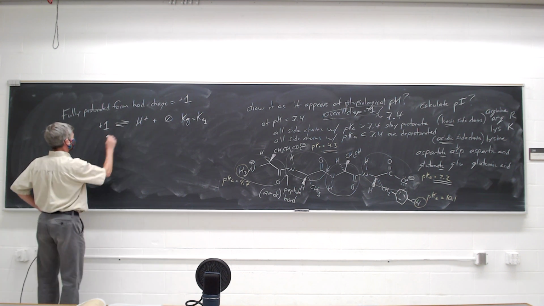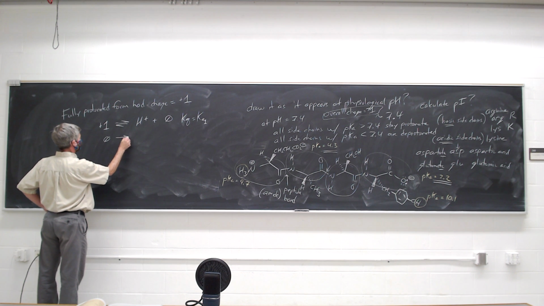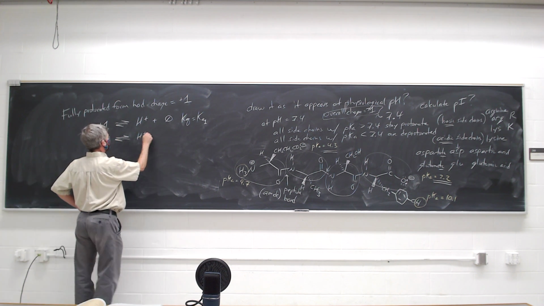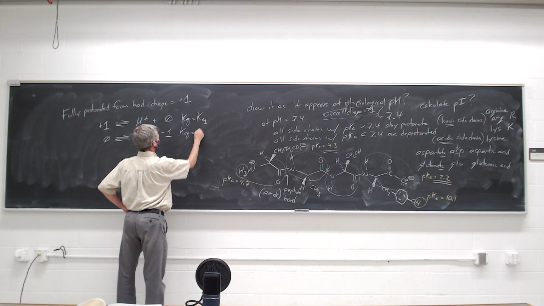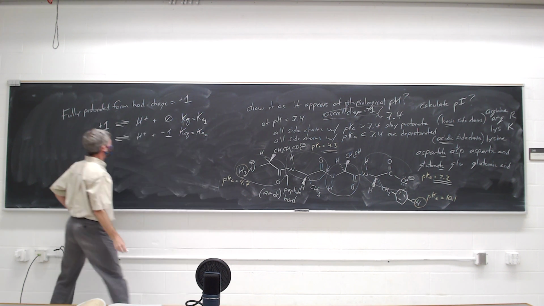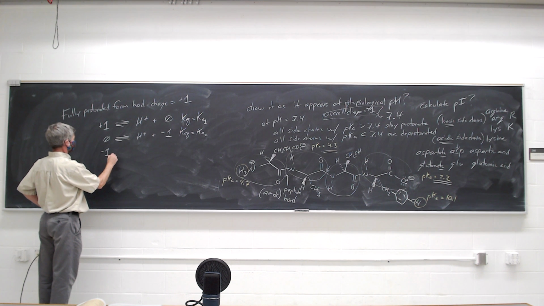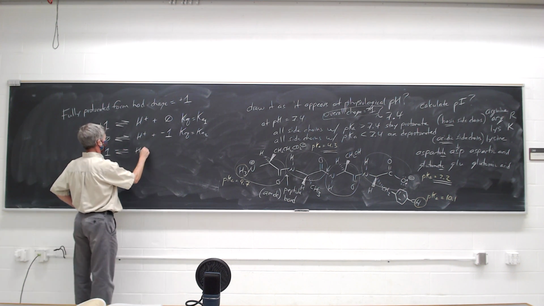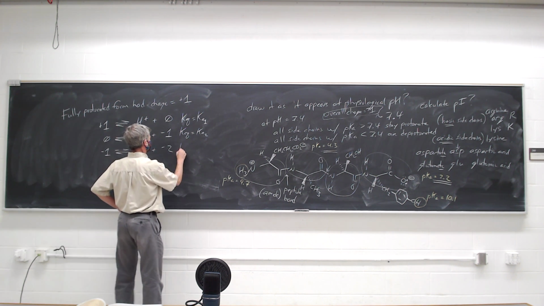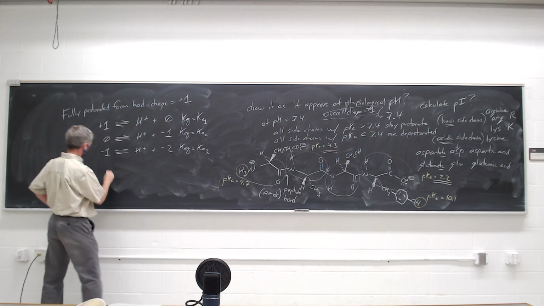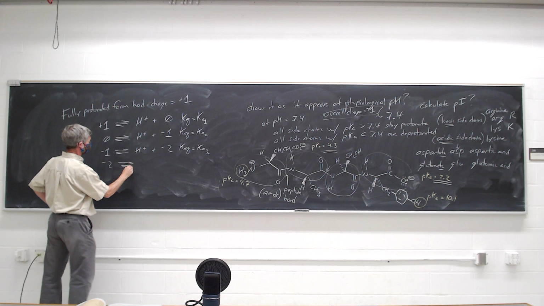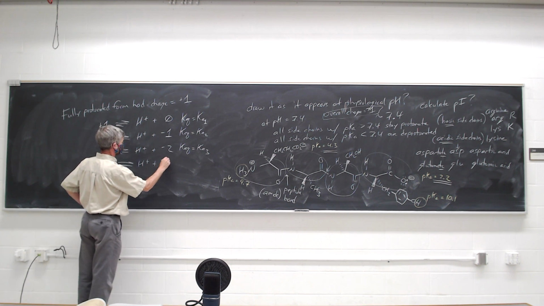And then I'm going to say that the 0 species is in equilibrium with H plus and the -1 species, and that KEQ is equal to Ka2. -1 is in equilibrium with hydrogen ion plus the -2 species. That KEQ is equal to Ka3. And the -2 is in equilibrium with hydrogen ion plus the -3 species.